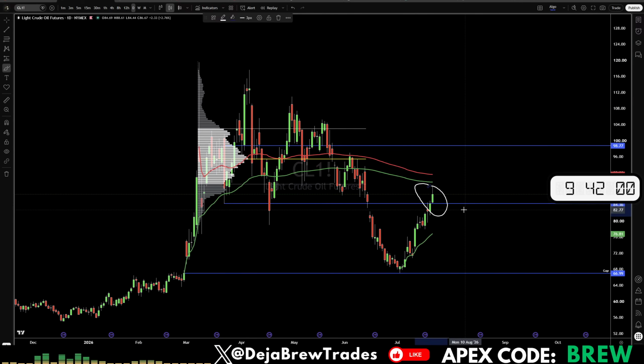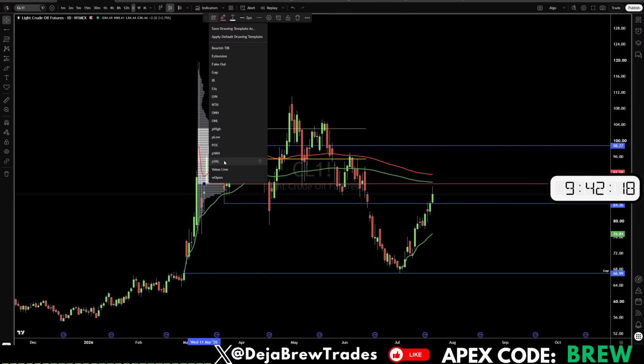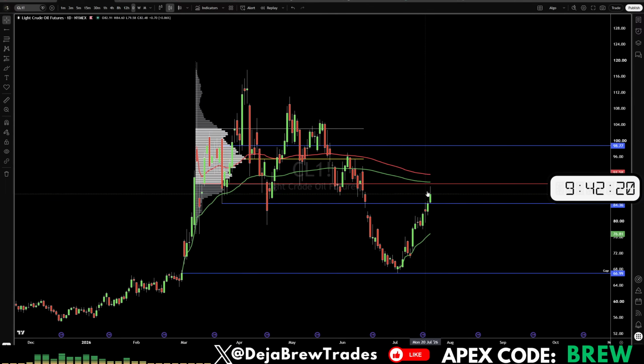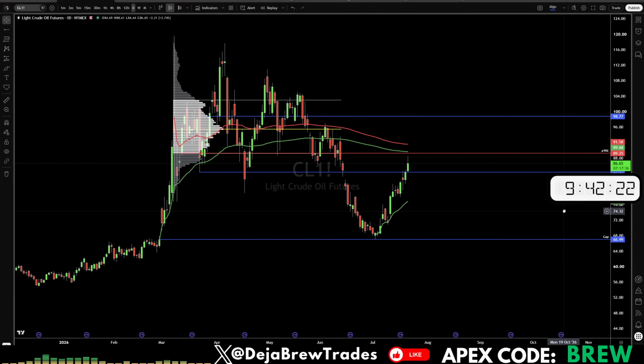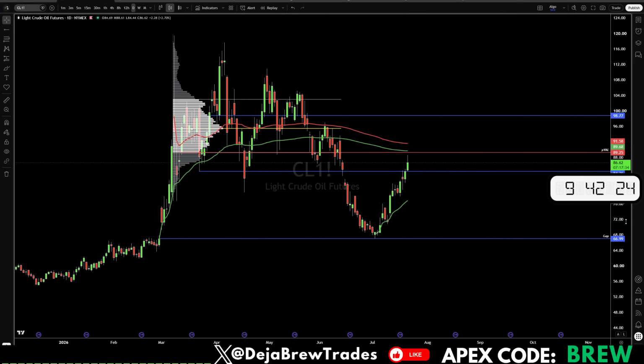Depending on how we react to this recovery of the distribution, you have a couple of major levels here. The value retrace level would be pretty much where it is right now. That's also where the VWAPs are, somewhere around that 90 area.